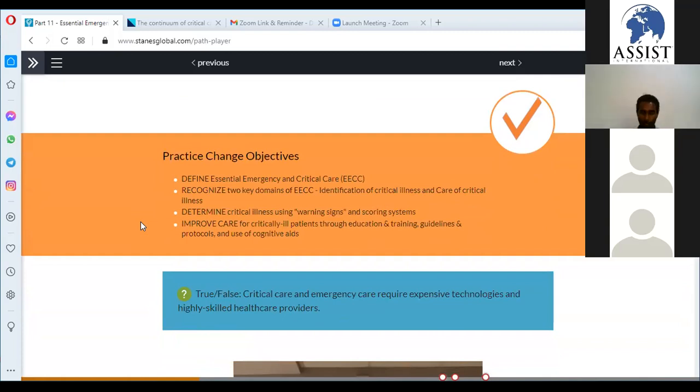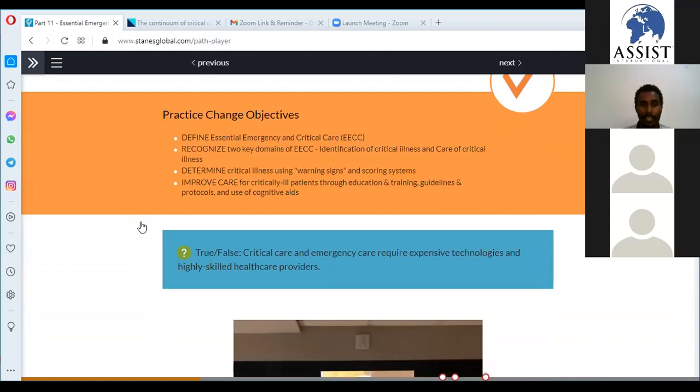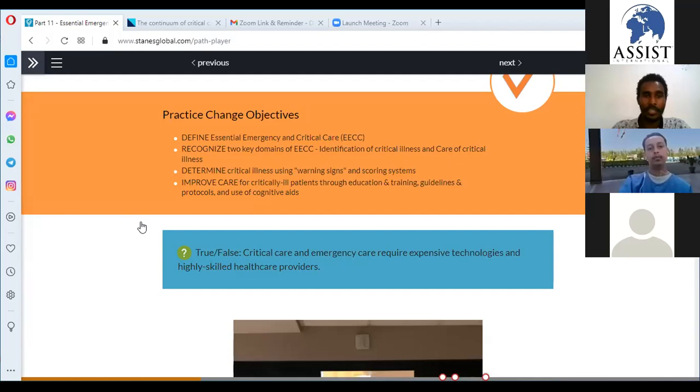So from the above case, we need to discuss to get the following objectives. You can see we will define what essential, emergency, and critical care mean, and what the domains of essential and emergency critical care are, which include identification of critical illness and giving care for such critically ill patients.